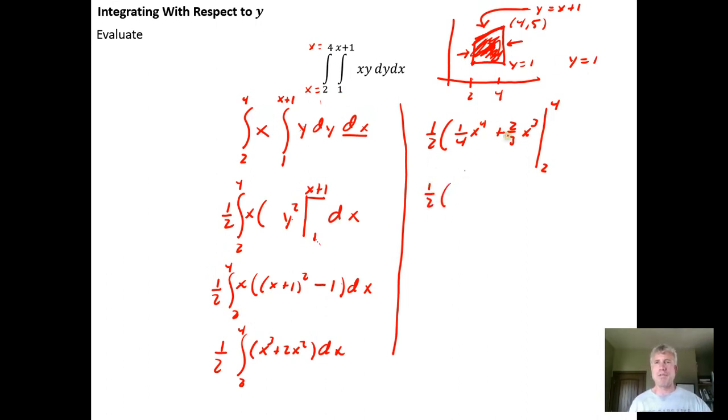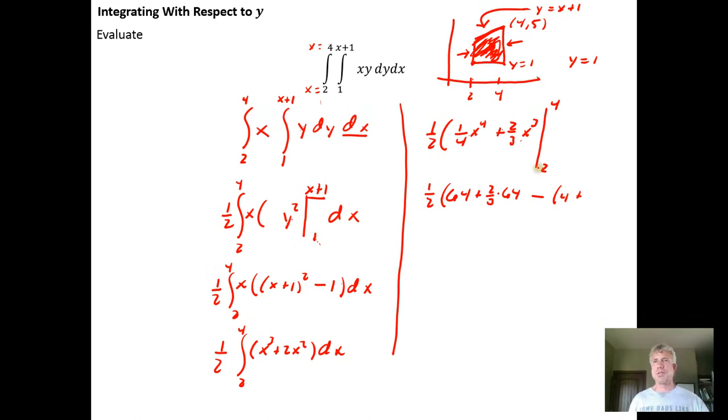So you get a half of, when you plug in, you'll get 4 to the 4th divided by 4 is just 4 cubed. But 4 cubed is 64. So we get 64 plus 2/3 of 4 cubed is just 64. So 2/3 of 64. Minus, plug in your lower bounds of integration. 2 to the 4th power is 16 divided by 4 is 4.